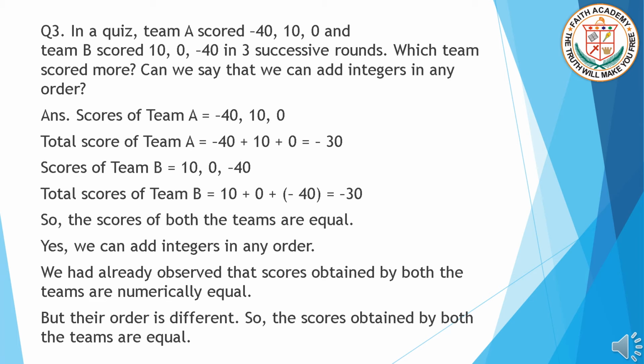So both the teams have equal scores. Now the second part of the question asks, can we say that we can add integers in any order? As we have seen in the closure property, we can say that integers can be added in any order and the answer or the sum will always remain same.